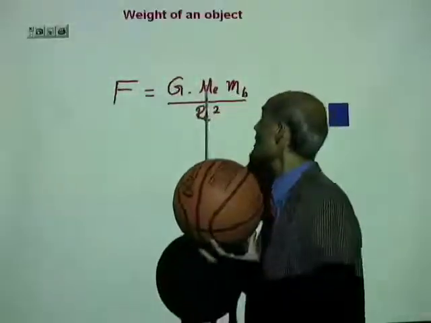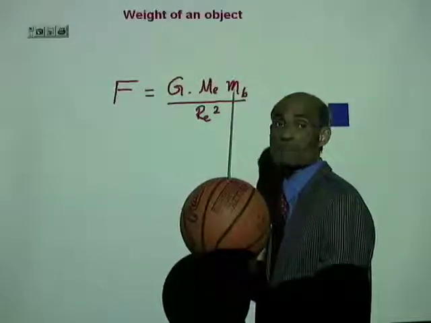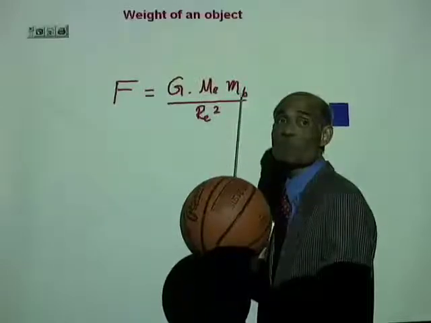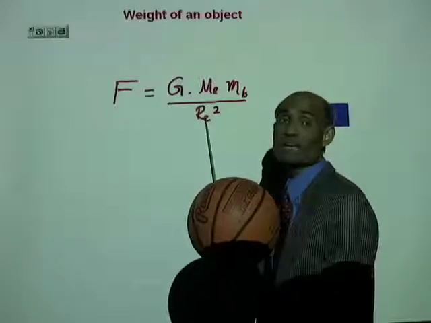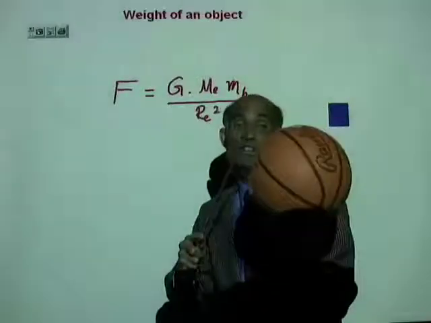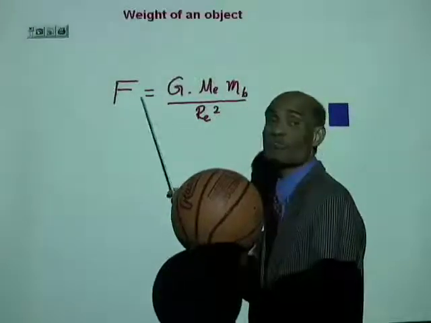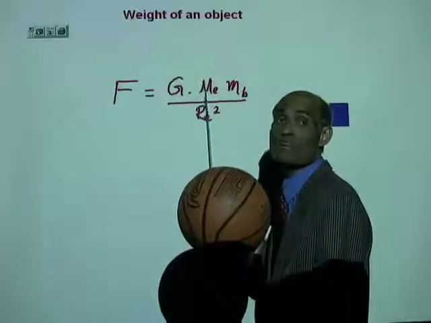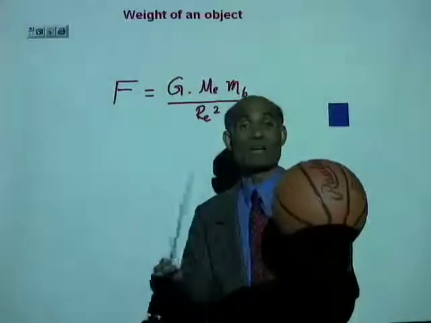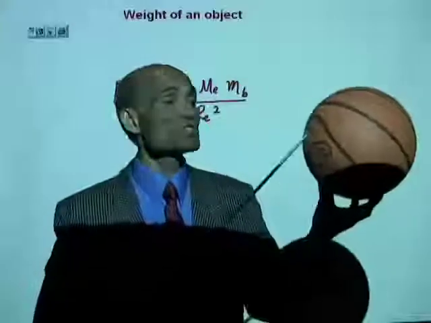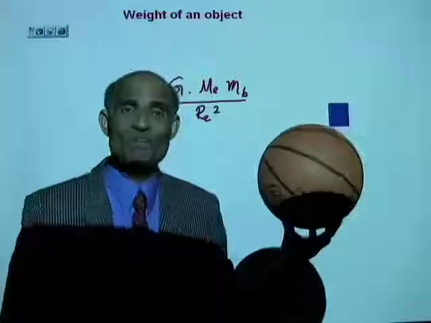If the mass of the earth I write as m sub e, and the mass of the basketball is m sub b, and the radius of the earth is r sub e, then the force exerted by the earth on this ball is F equal to G m e m b divided by r e squared, where we will assume that the distance between this ball and the center of the earth is the radius of the earth.